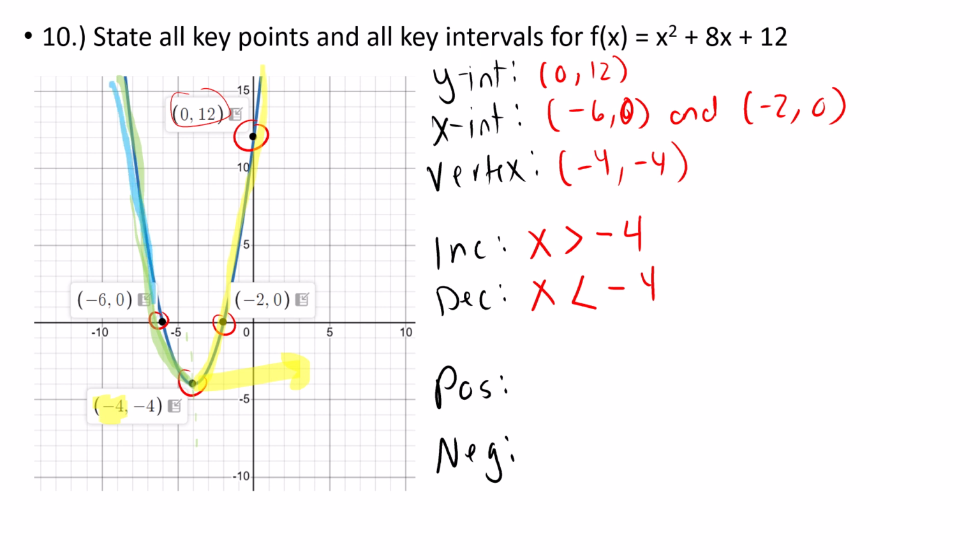Now for positive, it is wherever it is above the x-axis. So for that, we end up looking at those x-intercepts, and it is positive when x is to the left of the -6, or when it is to the right of the -2. So we'll have x is less than -6 or x is greater than -2.